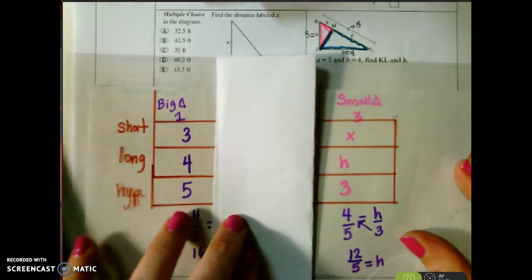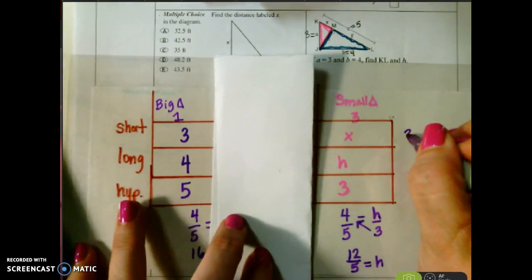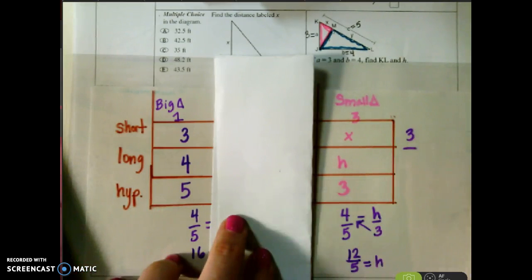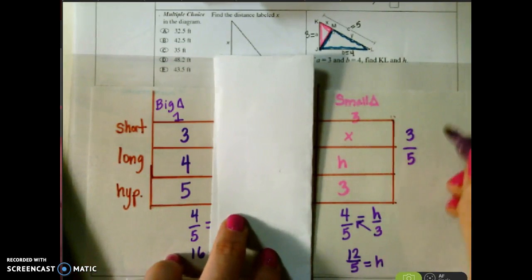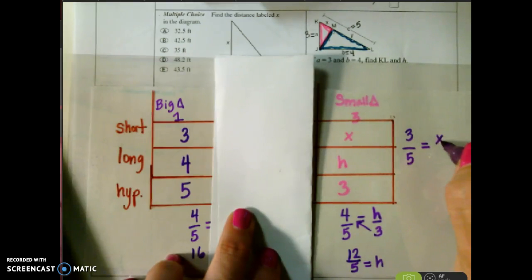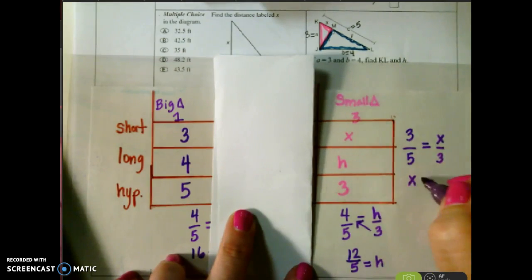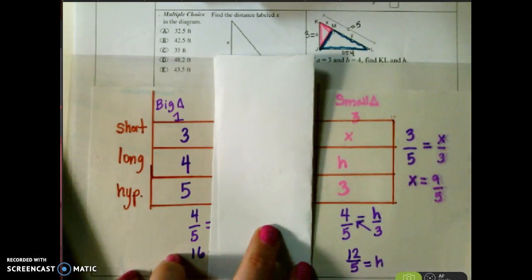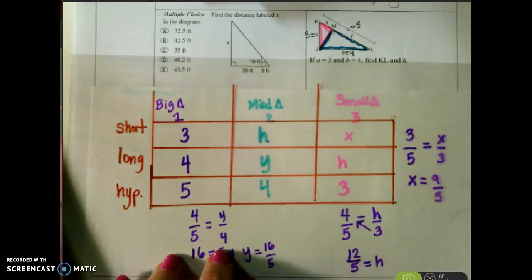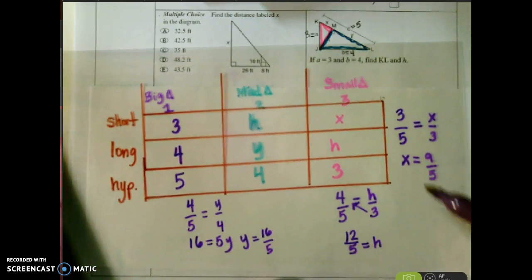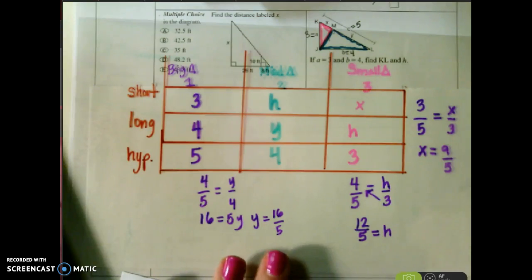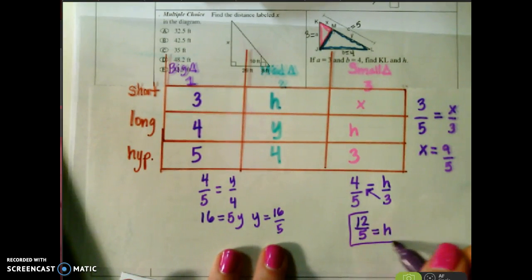So if I wanted to find x, I would have 3 over 5 using the bottom row and the top row, and then I have x over 3. And when I cross multiply, I have x equals 9/5. Okay, so those are all of our answers, but really for all the pieces, but this is the one we were looking for.